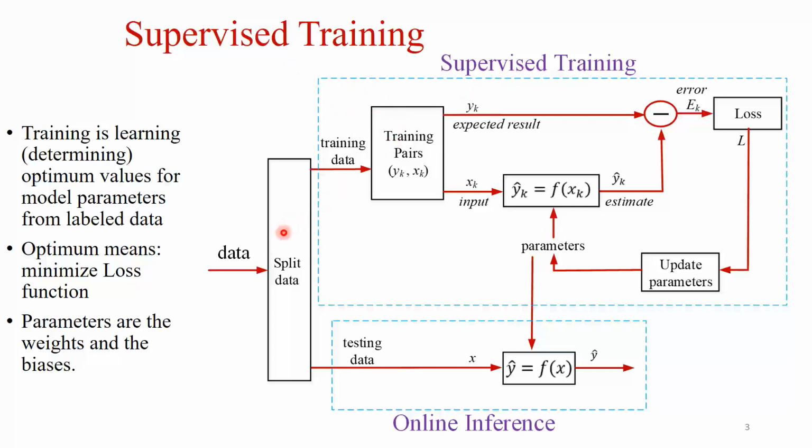So basically, we start with a set of data, and the data will be split into training data and testing data. The training data, we pair with input data and the expected output, and then we feed this input data to our model, which is right here.